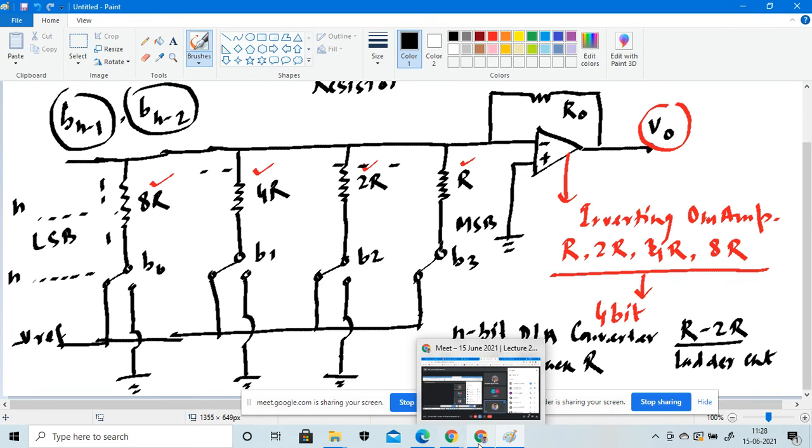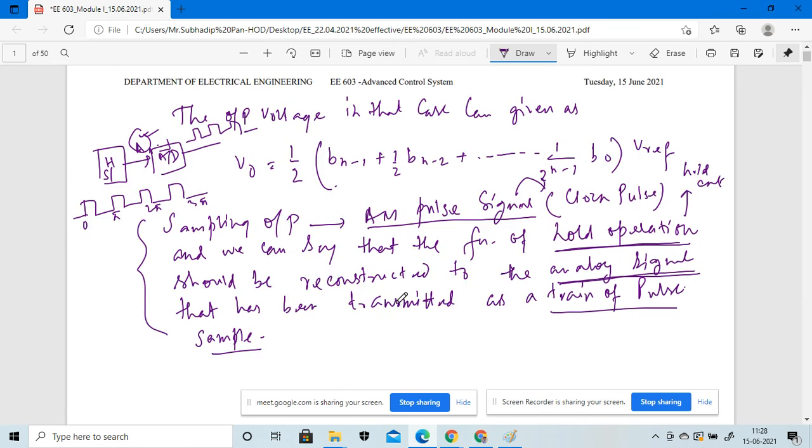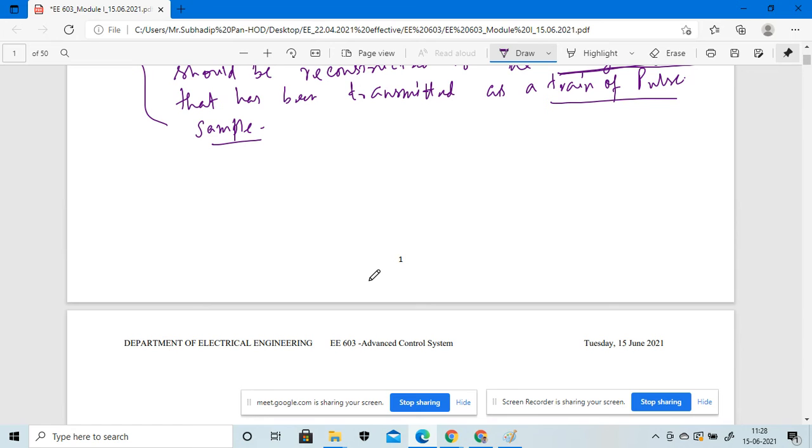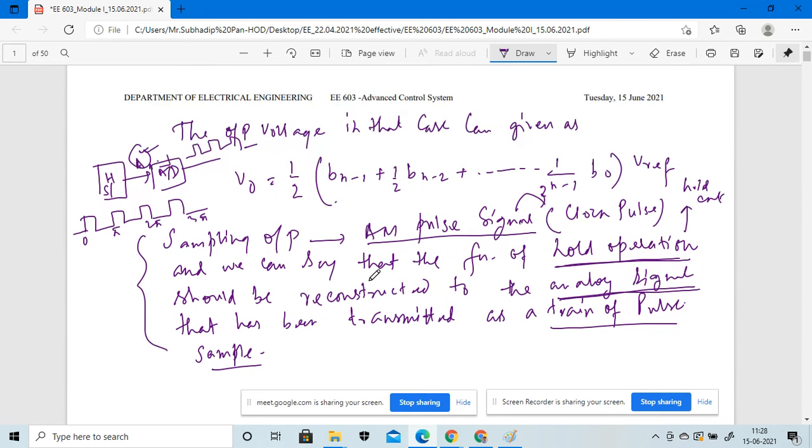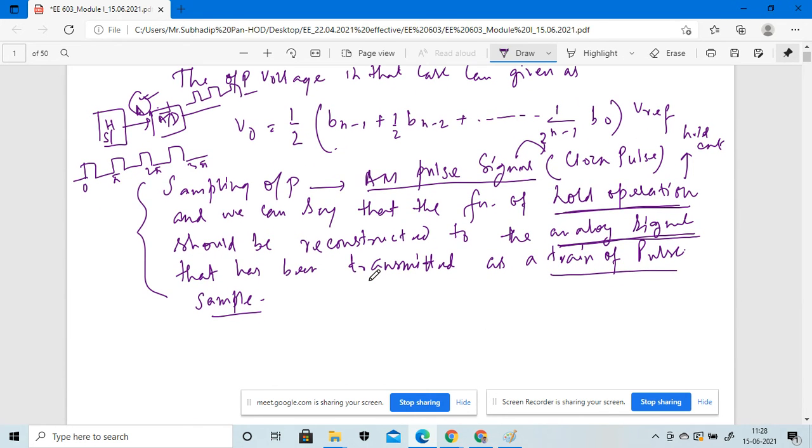In this case, what will be the purpose of this hold operation? The purpose of the hold operation is to fill the spaces between the sampling period. Whenever the periodic samples go in a train manner, some portions or spaces will be blank.